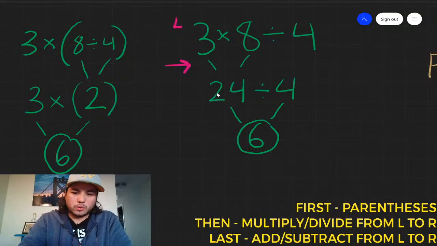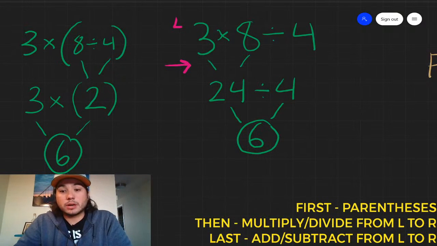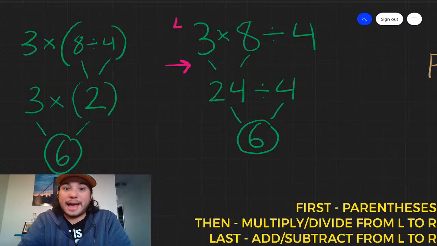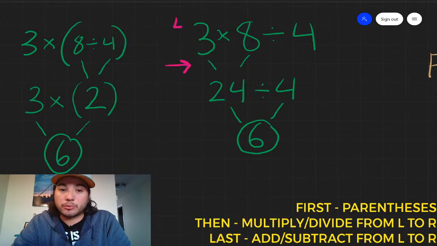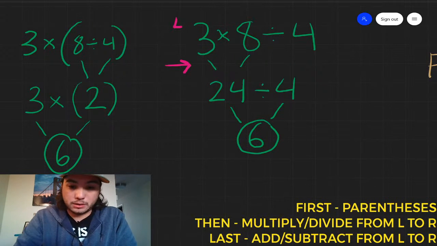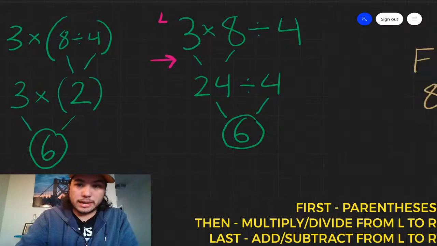Okay, for this second part, we're going to start with a computation in words. We're going to start with a computational sentence telling us to do something. So the first thing we want to do is set up our expression, add parentheses if we need to, if it says in the problem to do a certain operation first, and then we're going to simplify it. Okay, so our sentence goes as follows.